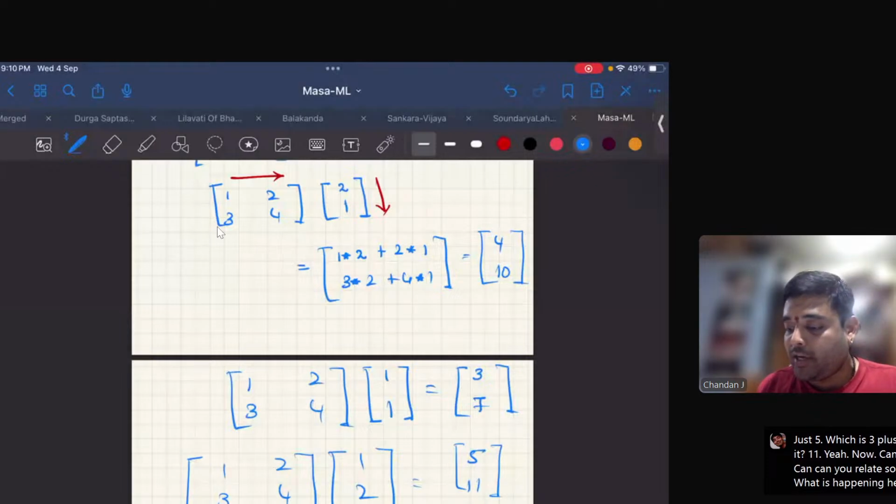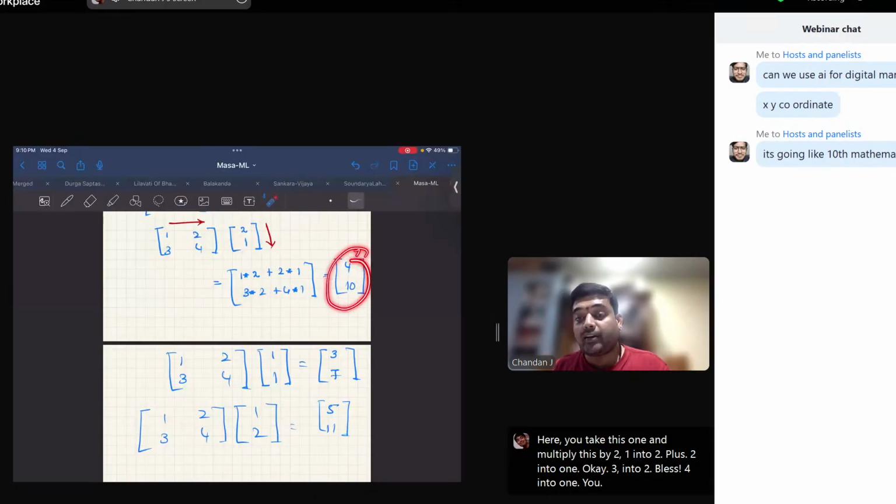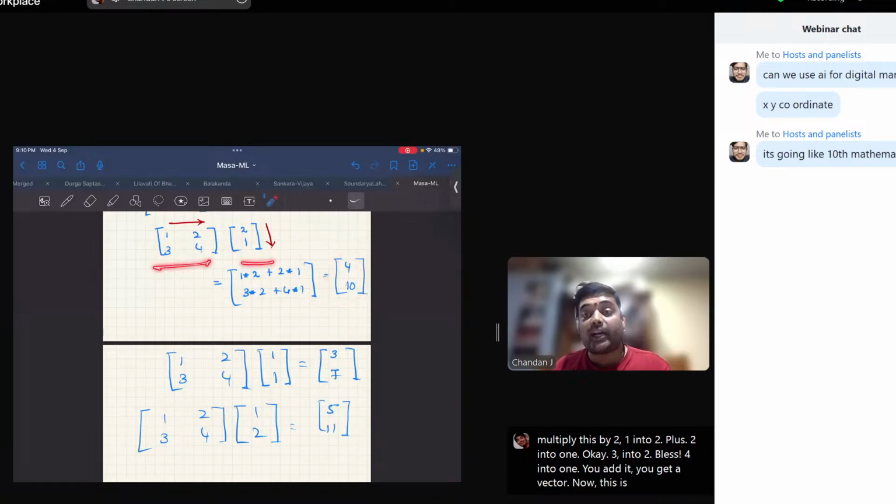If you want to repeat, just a simple idea here. You take this 1 and multiply it by 2. 1 into 2 plus 2 into 1. 3 into 2 plus 4 into 1. To add it, you get a vector. Now, this is a matrix vector multiplication.